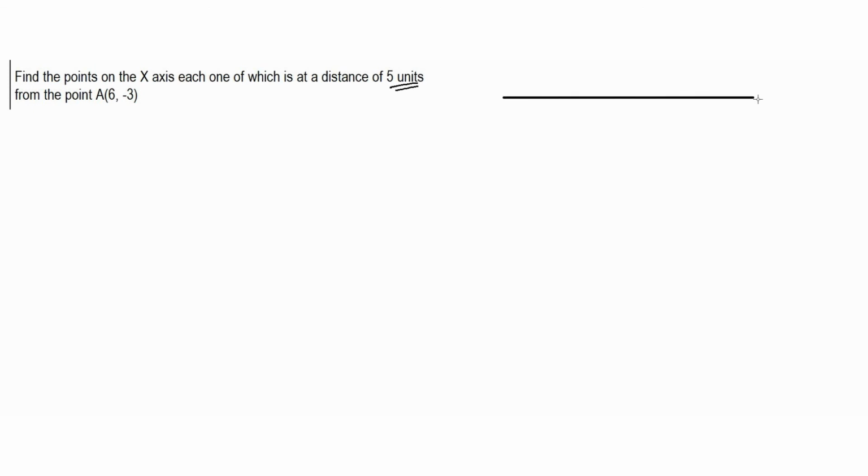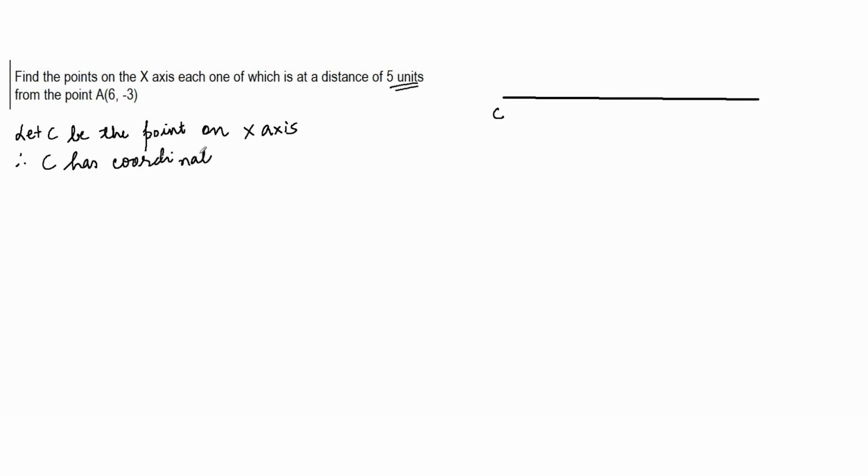So let's assume that the point on x-axis is C. So let C be the point on x-axis, and therefore I can conclude that C has coordinates (x, 0). Again, because this lies on the x-axis, the y coordinate is 0.